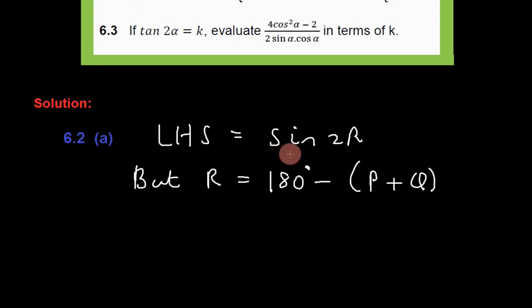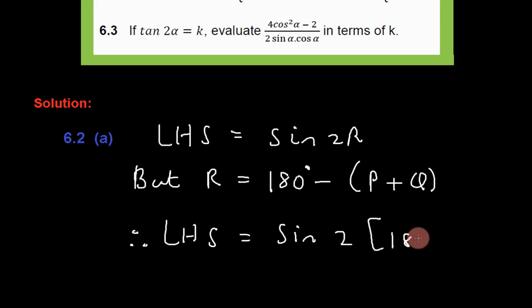Now we can go back to the left-hand side. And we basically can replace r with 180 degrees minus p plus q. We can multiply the 2 into the square brackets.